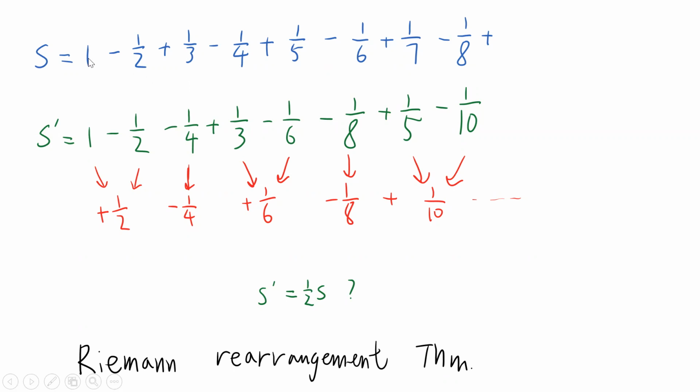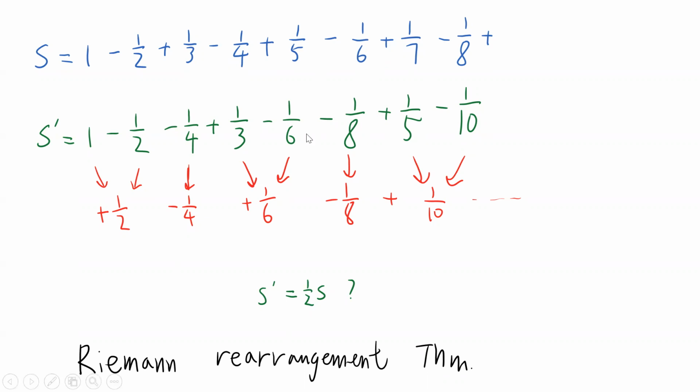You can see that the first term goes to the first term, the second term goes to the second term, but then the third term here becomes the fourth term over here, and the fourth term becomes the third term. The fifth term, 1 divided by 5, here becomes the seventh term over here, and then you can see it's 1/6 over here, 1/8 over here. You can see that I have reordered the terms.